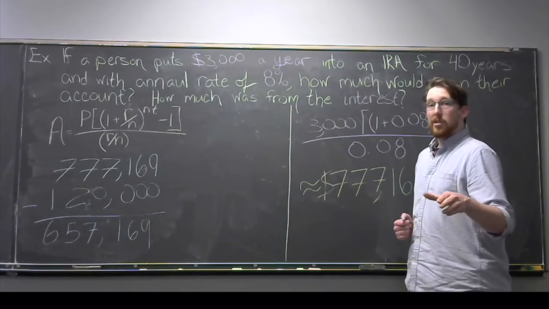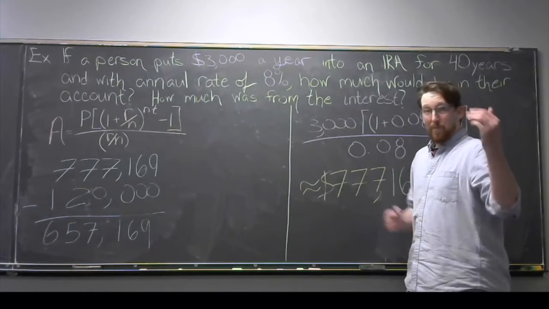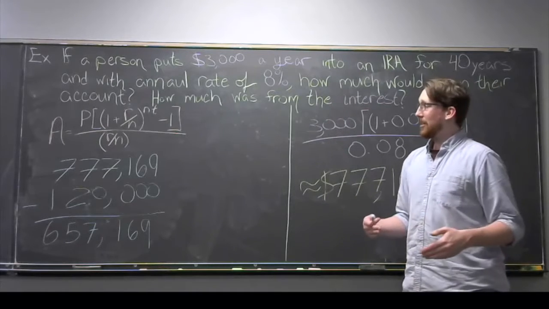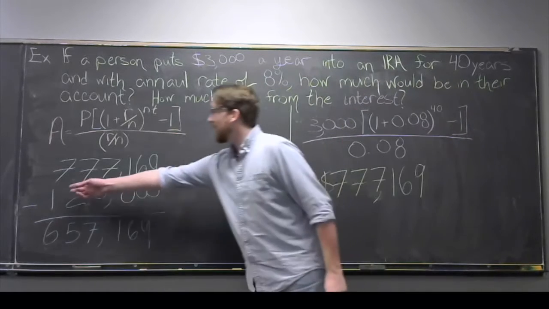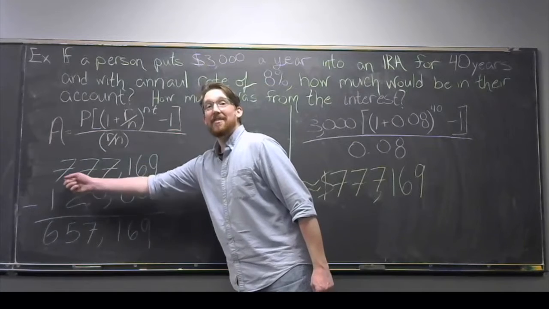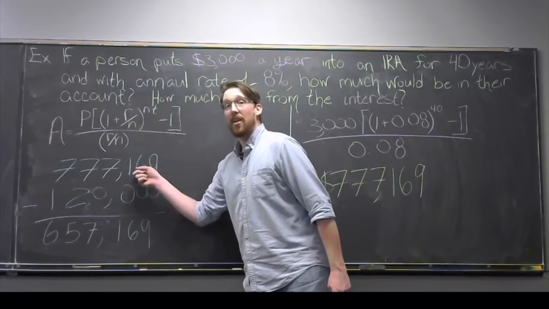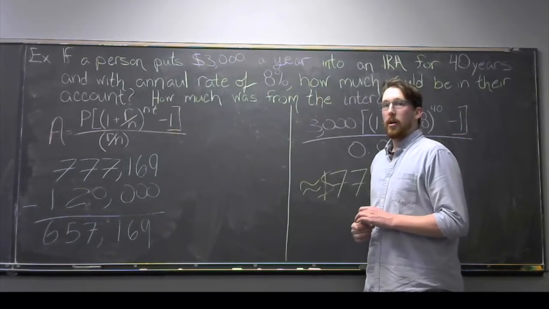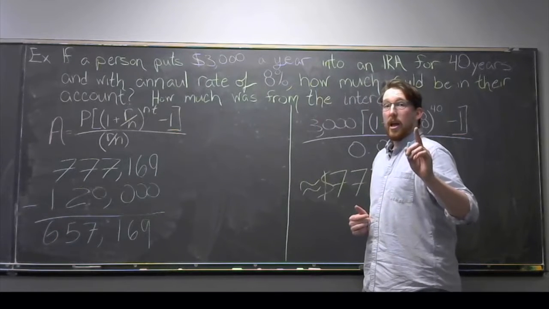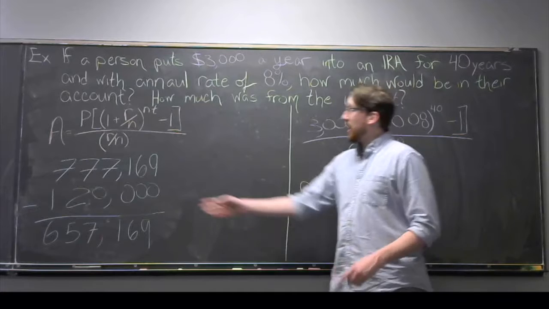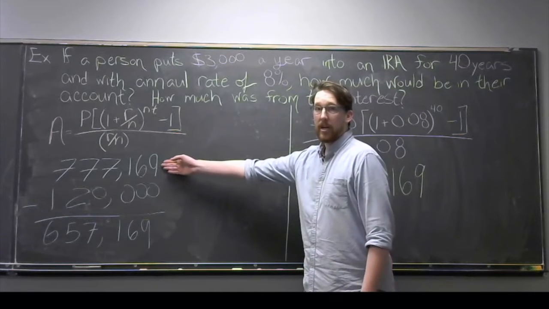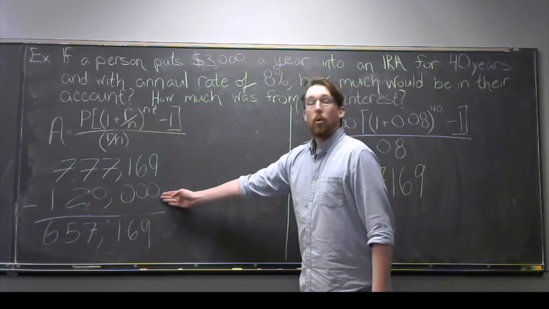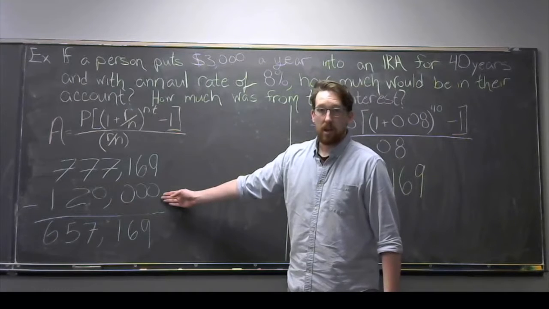In other words, at the time of retirement, this person is going to have $777,169 in their retirement account. And what they paid in to have this much money was $120,000.